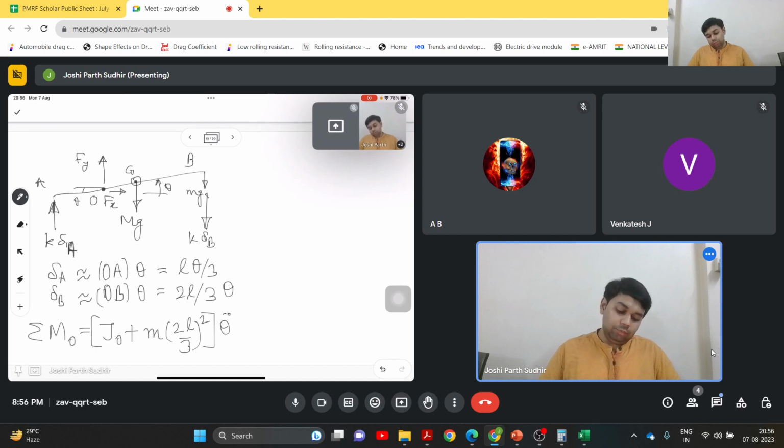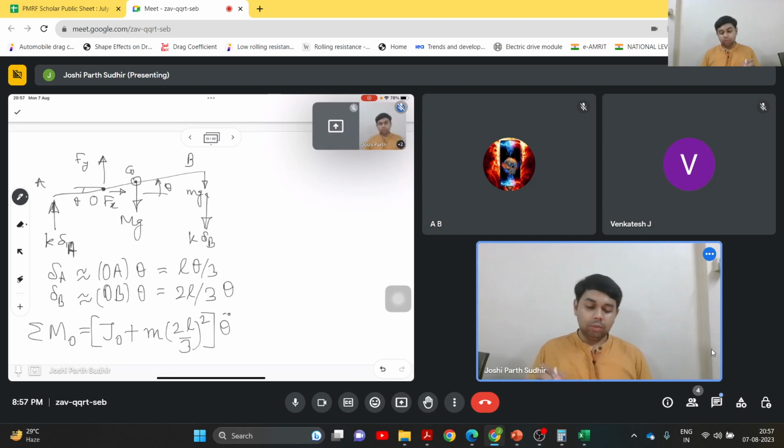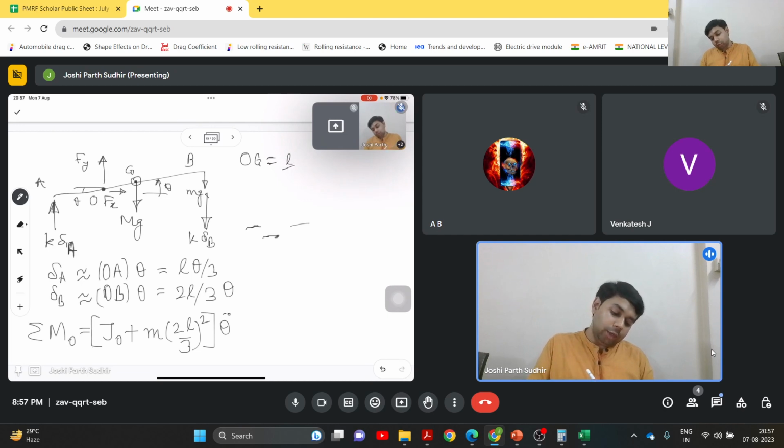The left hand side we can calculate in terms of the forces. Assuming again similarly that anticlockwise moments are positive, the distance OG will be L by 2 minus L by 3, which is L by 6.